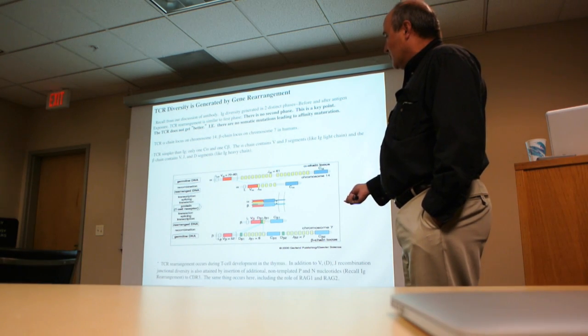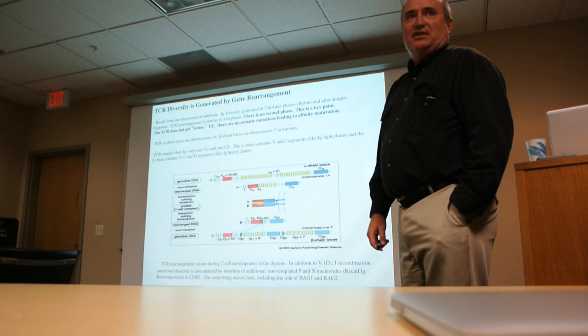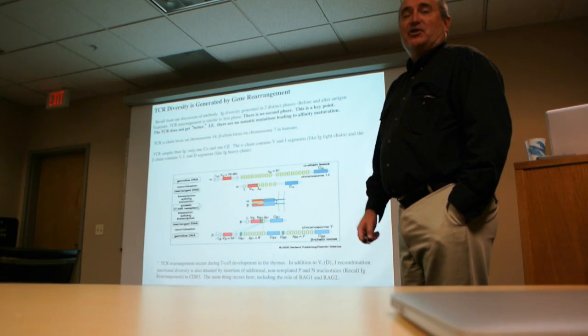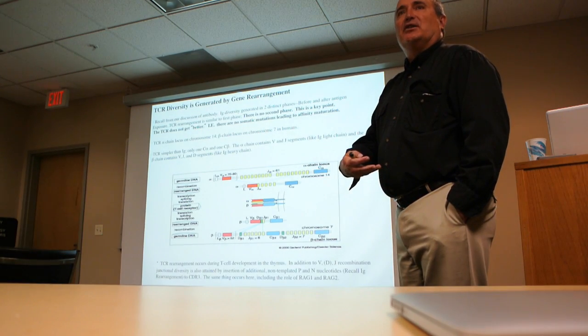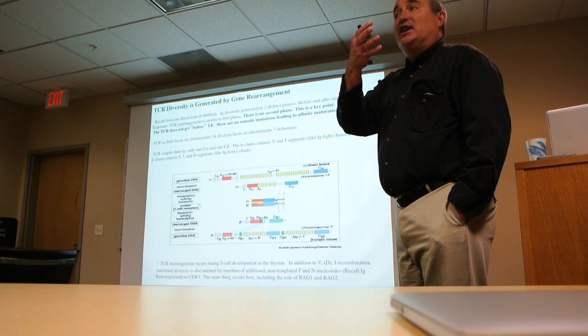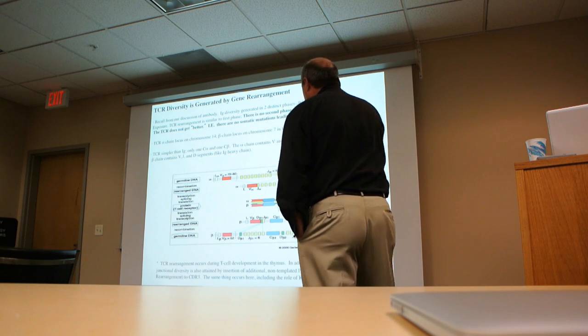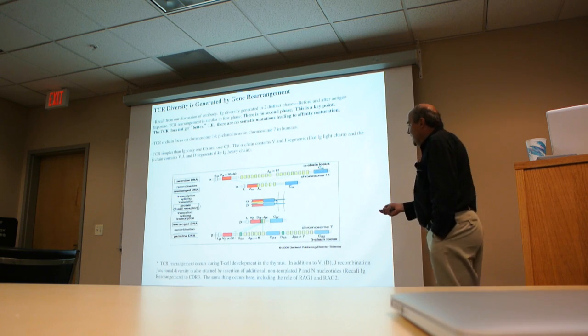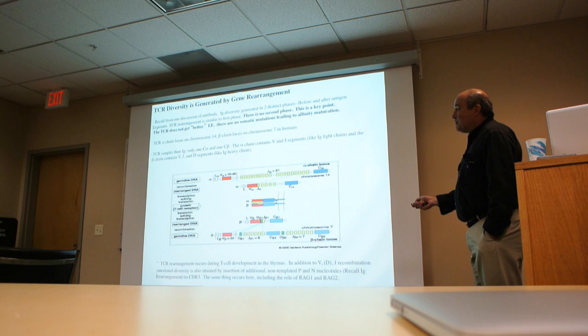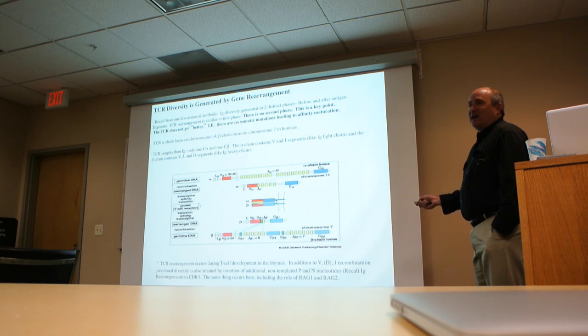In our beta chain, we're going to be putting in a D region as well. So that should be similar if you go back and look at the rearrangements in the light chains of an antibody versus the heavy chain. So that mechanism was conserved. And we're going to make a transmembrane form, and we do not have any issues with RNA splicing.